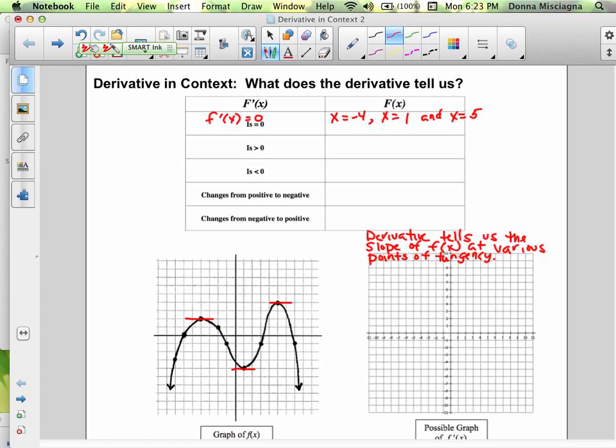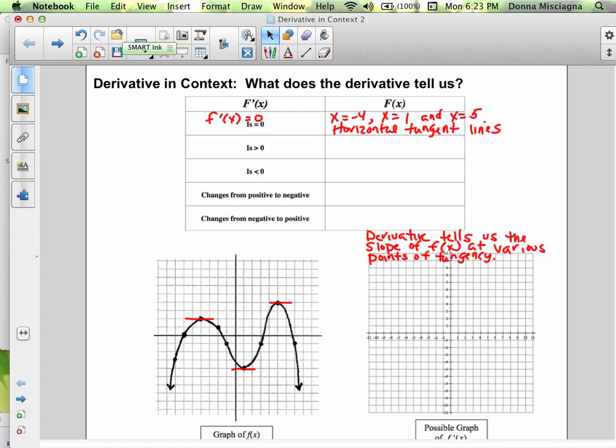On our f of x, it's where we have horizontal tangent lines. That's where we're going to find that f prime of x equals 0. Let's find a few more.